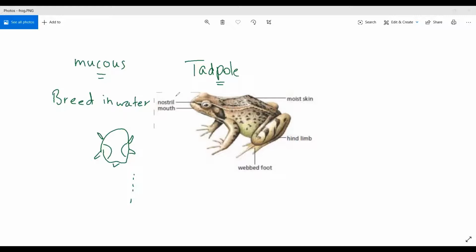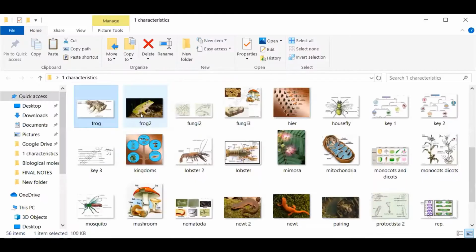Let me put the picture of the other amphibians. The toad is much larger than the frog. The frog's color is greenish, but the toad has a color that looks somewhat brown or light brown. Here is the newt or the salamander.